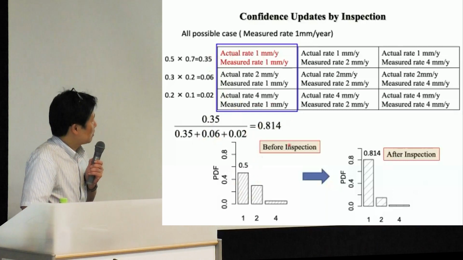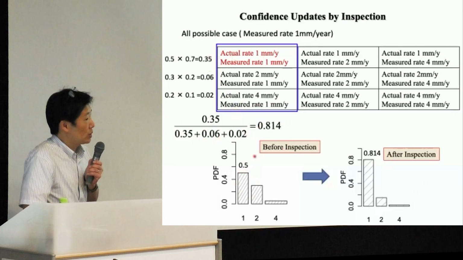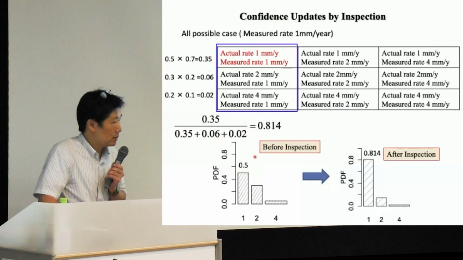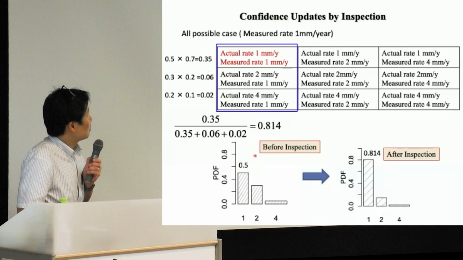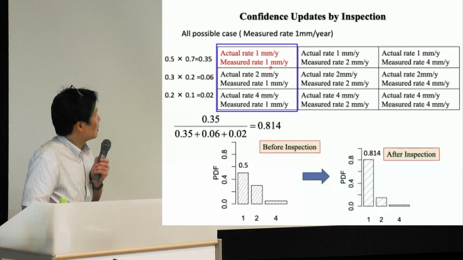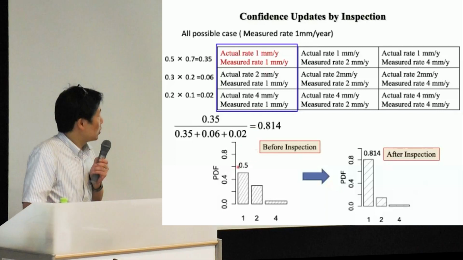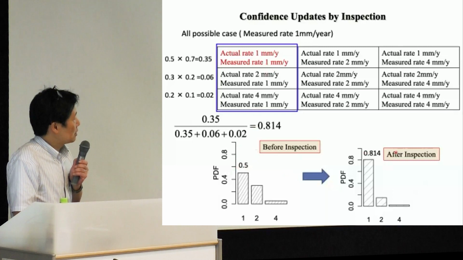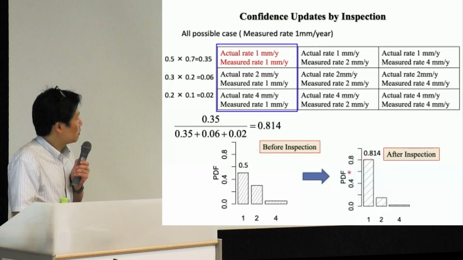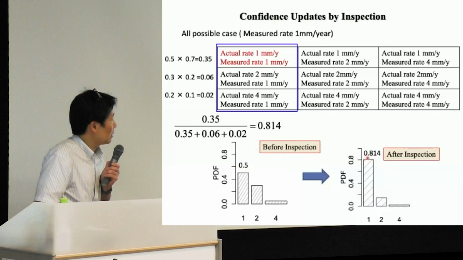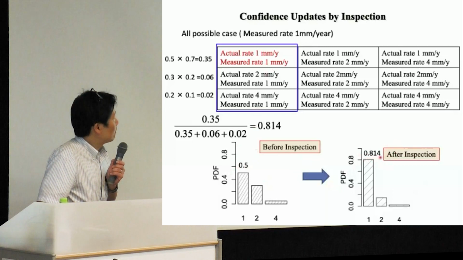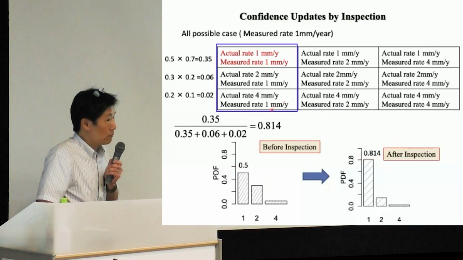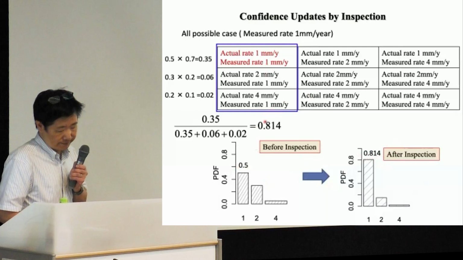Before the inspection, the possibility is 0.5. So without the inspection, the possibility of 1 millimeter per year is just 0.5. But after inspection, the possibility increases from 0.5 to 0.814 by the confirmation of inspection.